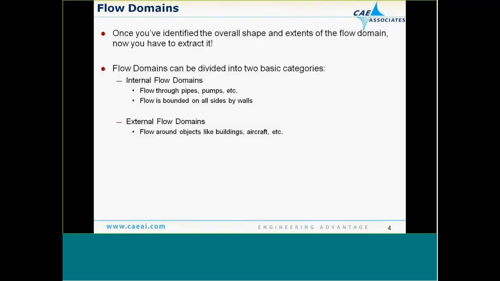On the other hand, we also have external flow domains where we have flow around an object, like a building or an aircraft or the hull of a ship, where it's not necessarily bounded on all sides by walls, but maybe it's over an object or something. Now, we can, of course, have a combination of the two, but it's important to make this distinction so that we know which tools within ANSYS DesignModeler we're going to use in order to extract our flow domain.